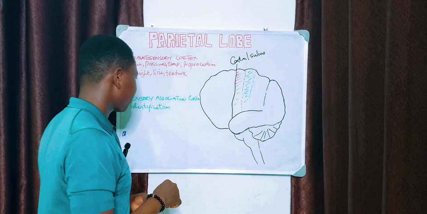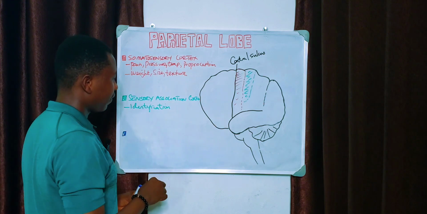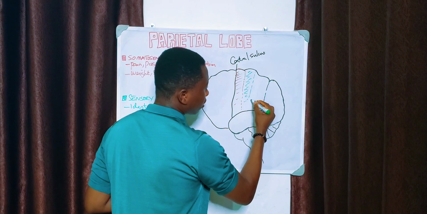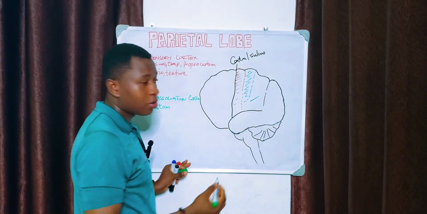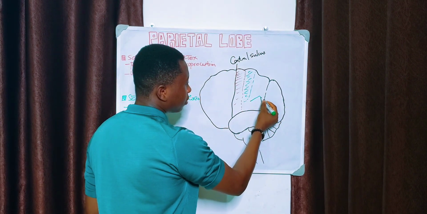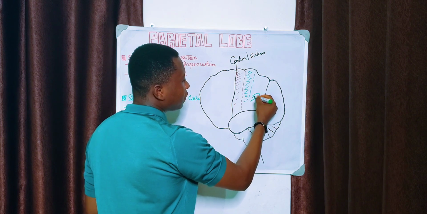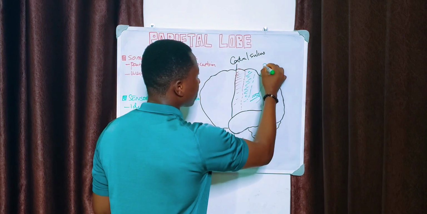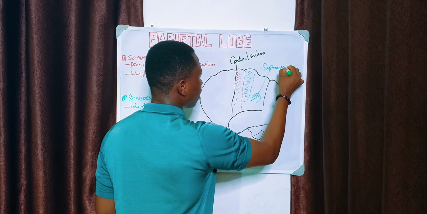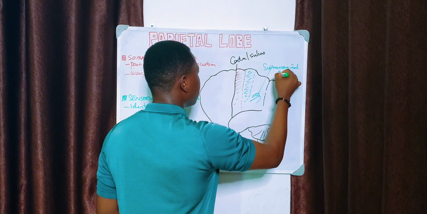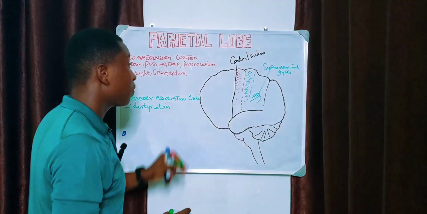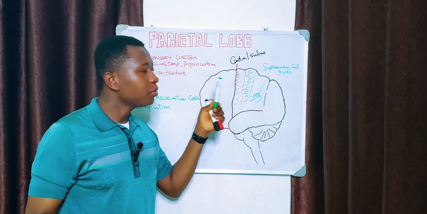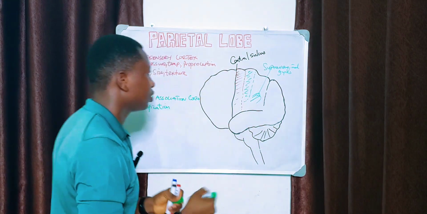All right. Now, there is a part very close to the sensory association cortex. It is a sulcus actually. And you know, when you have a sulcus, you have the gyrus. Now, this first gyrus is what we call the supramarginal gyrus. So the supramarginal gyrus, it has its function. It helps us to be aware of posture and position.